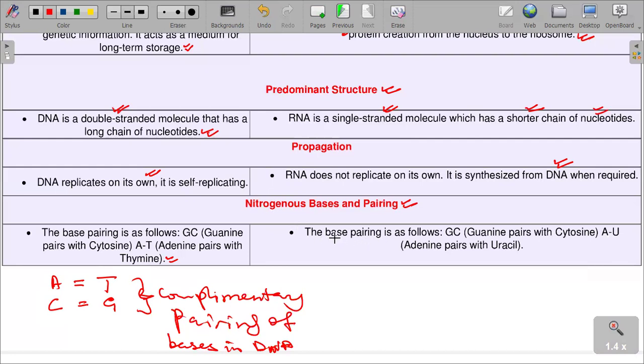So you can see that the base pairing is as follows: guanine, cytosine, and adenine pairs with uracil, and understand that this pairing occurs only during specific scientific processes.